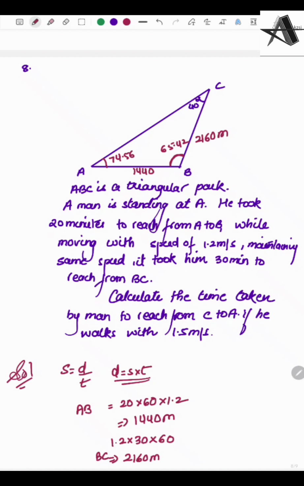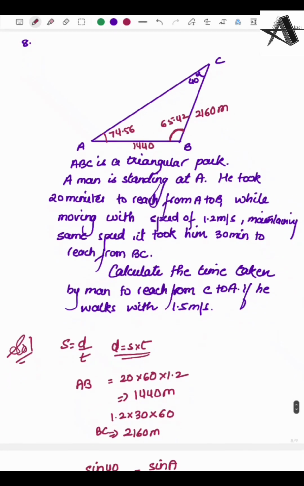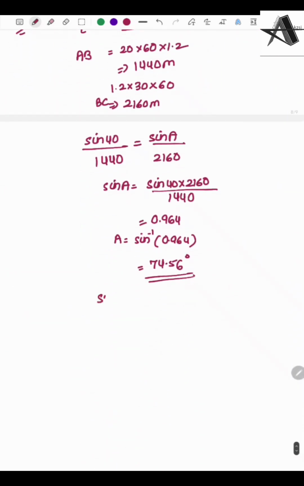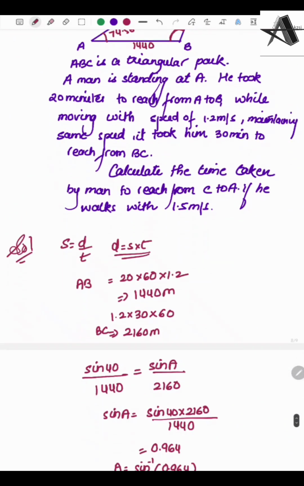Now I can easily apply my sine rule, because I know one angle, that is angle B, 65.42. So here I can write sine 40 over 1440, the same thing I'm taking, is equal to sine of 65.42 over the side that we have to calculate, that is AC.